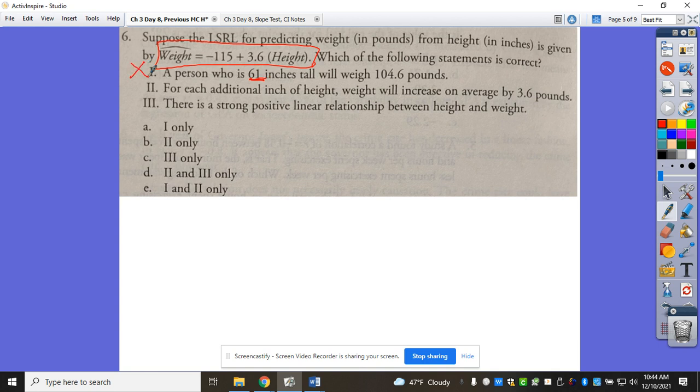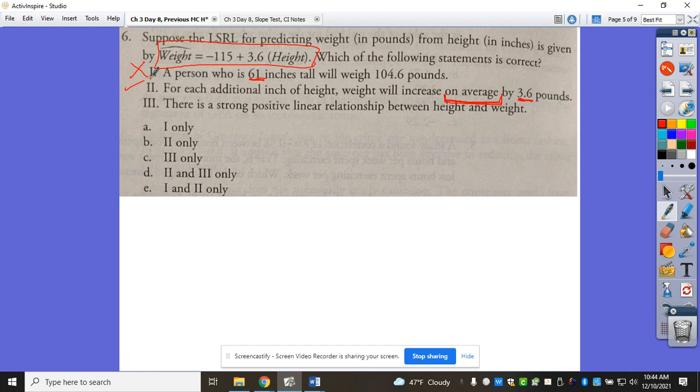That's our prediction, but that doesn't mean they have to be that height or that weight. For each additional inch of height, weight will increase. But this one says on average. Well, on average is like when we say what instead? About or predict, that kind of thing. Is this talking about the right thing? Yes, that is slope, and that is our slope.